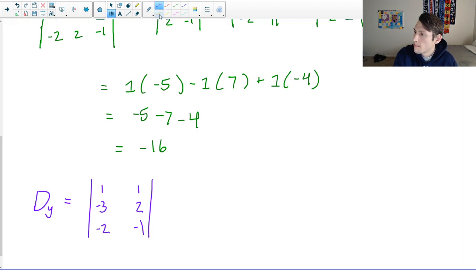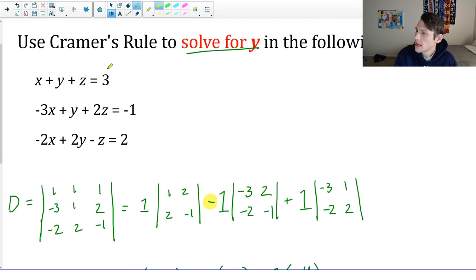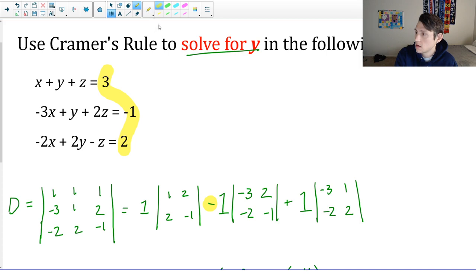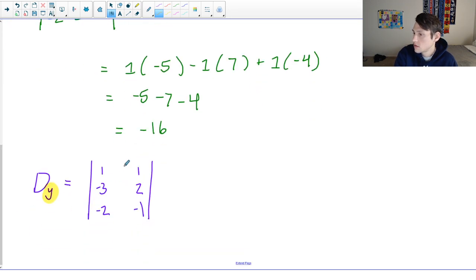But since we are trying to find y, instead of having my normal y column from the original matrix 1, 1, 2, I'm going to replace that with 3, -1, +2. Now we calculate this determinant.